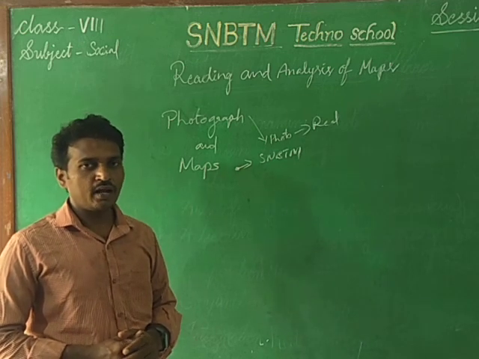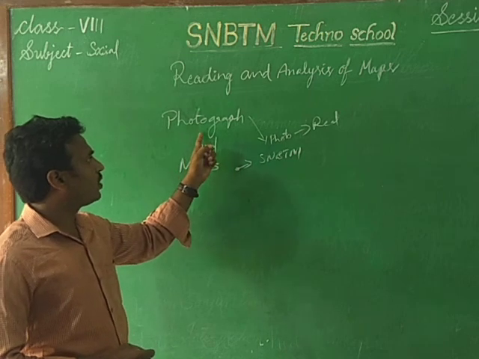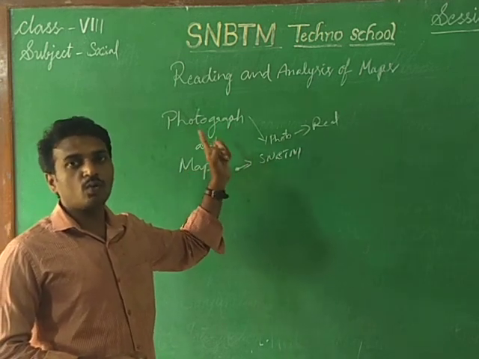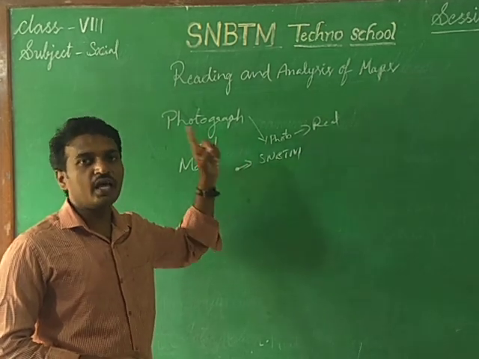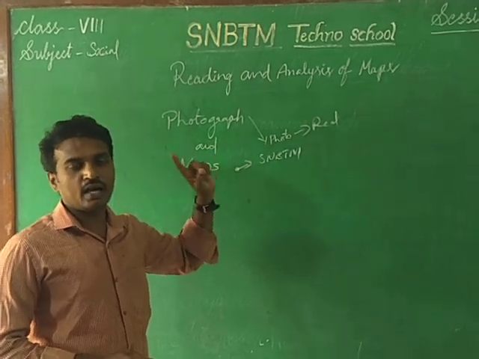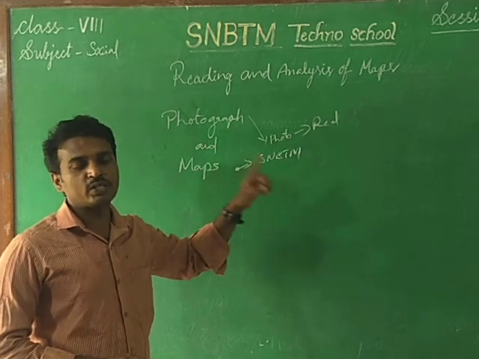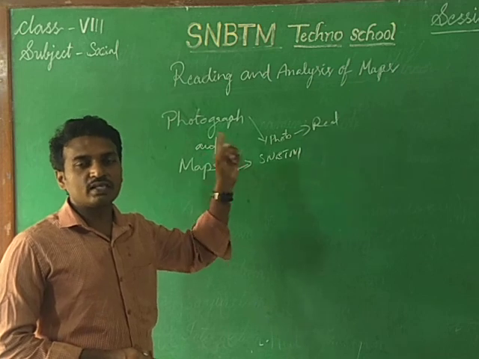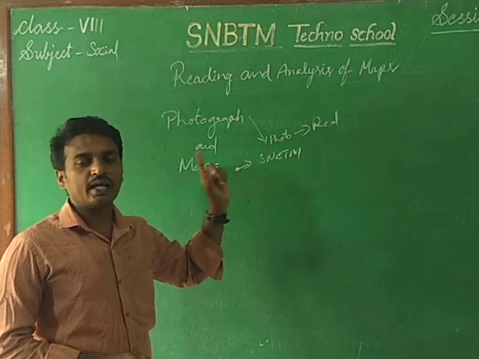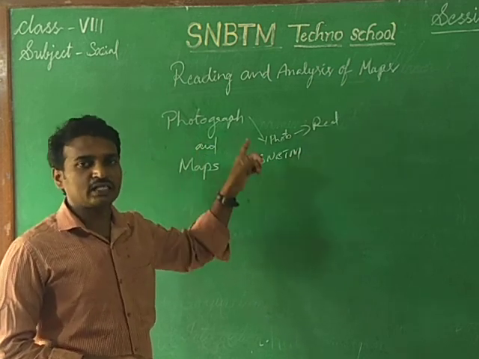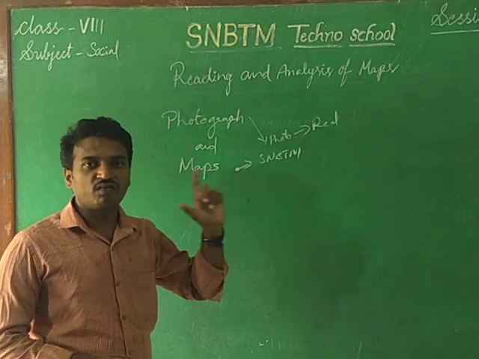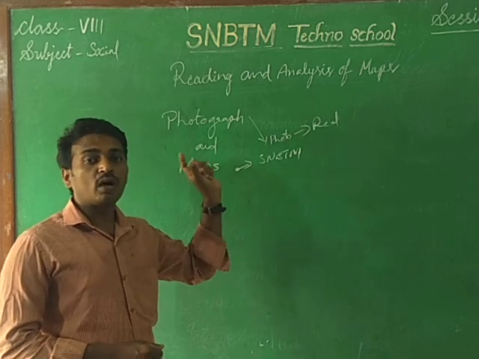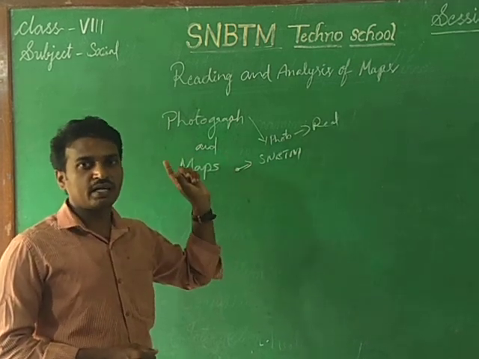Getting my point? And one more thing is, from a photograph we cannot identify the rainfall of the particular area, we can't identify the population, we cannot identify which language the people are speaking in that area, and we cannot expect what kind of trees are located there, or what kind of soils are available in that area.